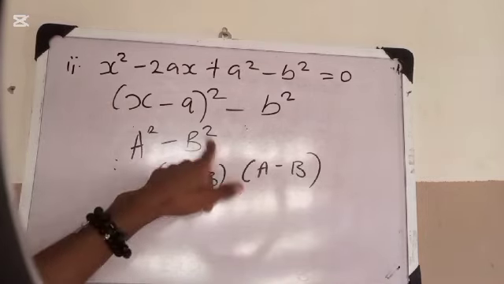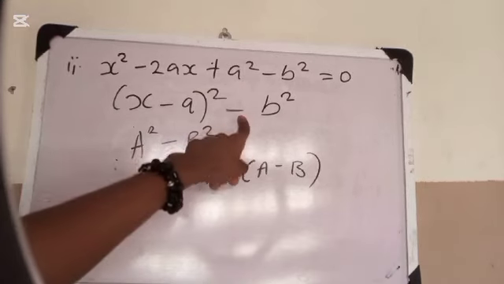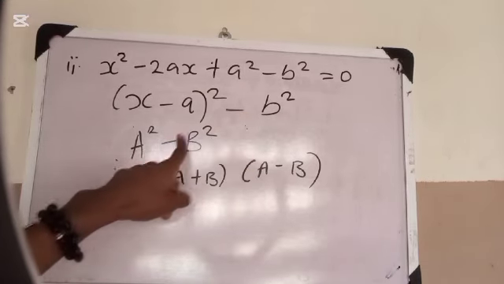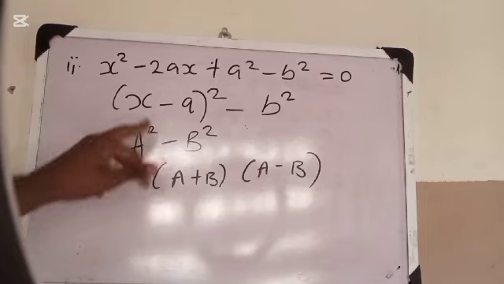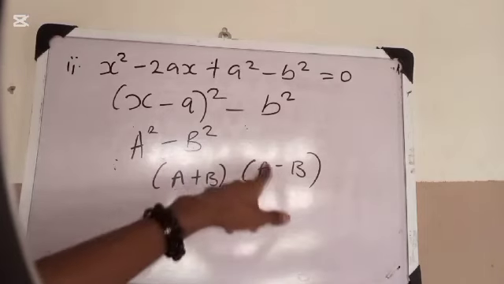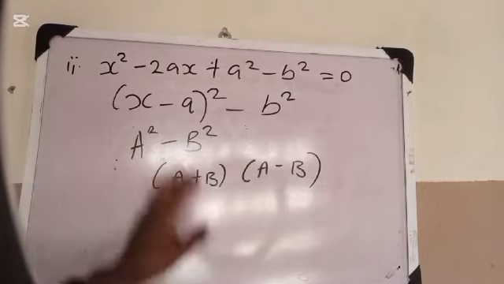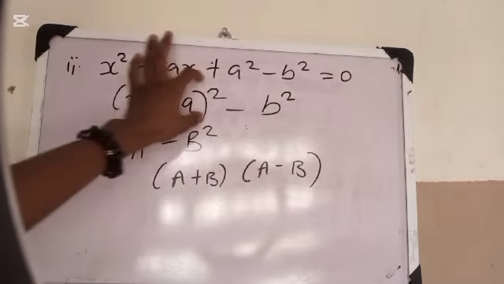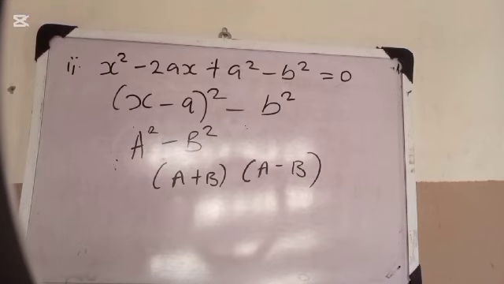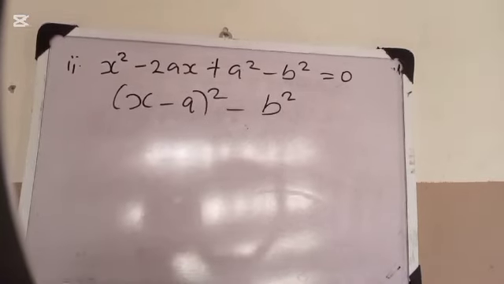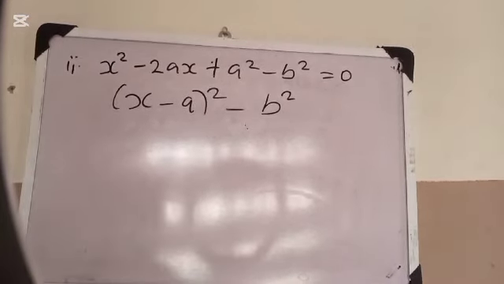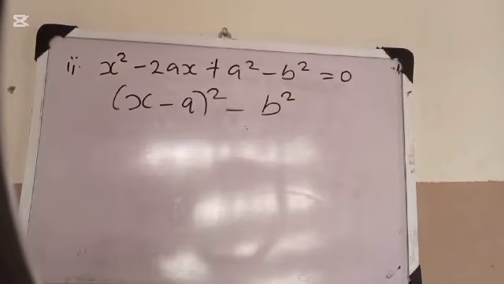This a squared and b squared, is this not how it looks? Because you are seeing a minus sign here. So it means that this question is following this rule. Do you understand? We are going to be using this rule to solve this. Is that clear? So let's use that rule to solve this question now.